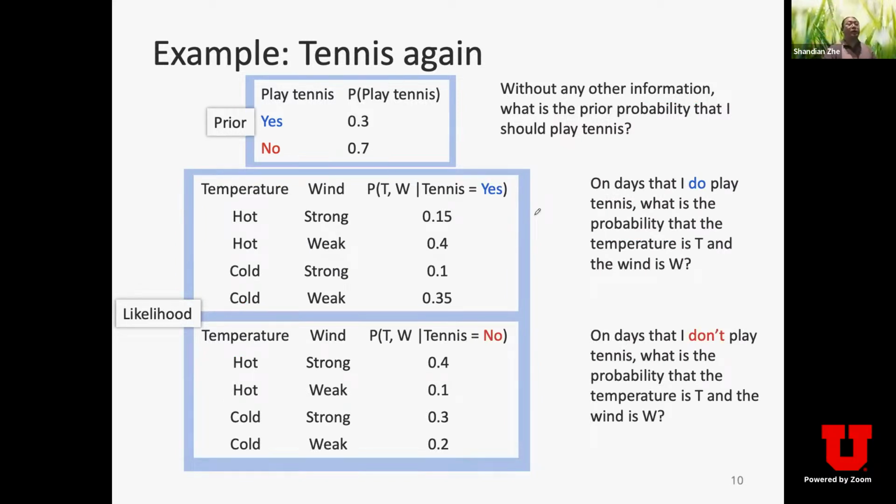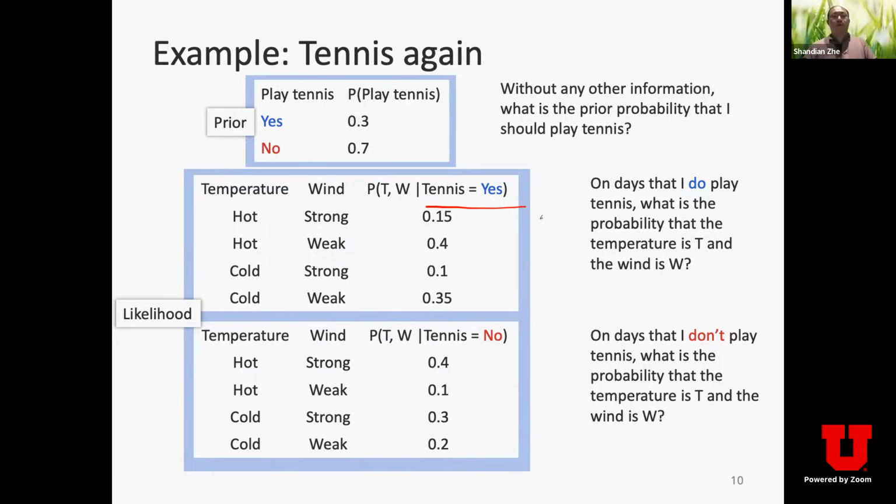To do the prediction, we need the probabilities that, given my decision, yes or no, play tennis outside or stay at home, you observe different temperature and wind. Here we assume that we have two features, temperature and wind. Temperature might take two values, hot and cold, and wind takes two values, strong and weak.